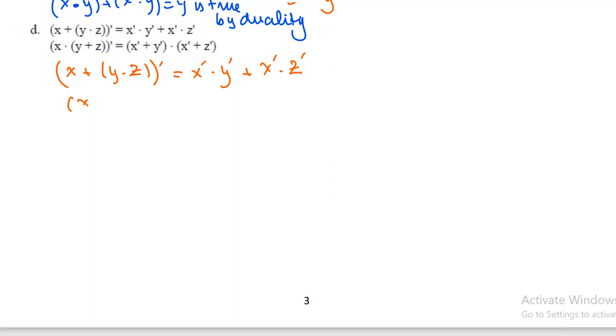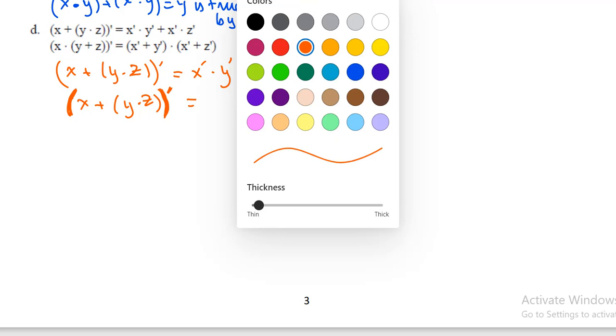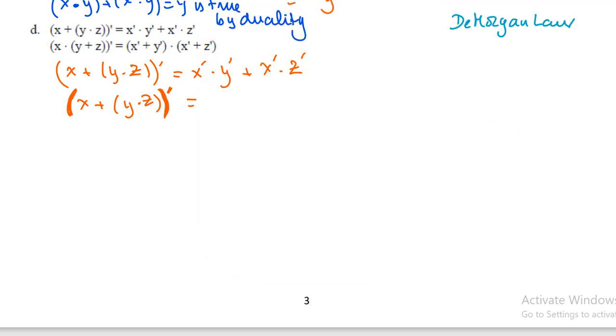Similarly, we'll follow. So I'm going to go from the left hand side. Then every time I have the parentheses and negation outside, I think of De Morgan. Just to remind you, when we did set theory, De Morgan's law was (A union B)' is the same as A' and B'.